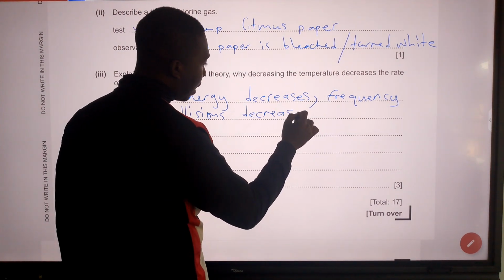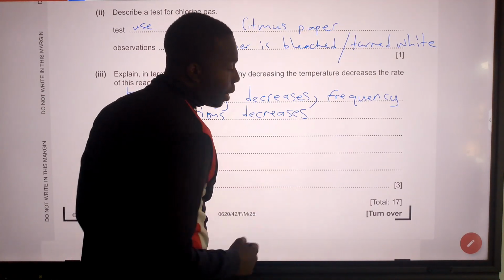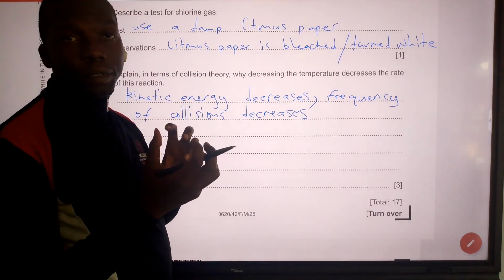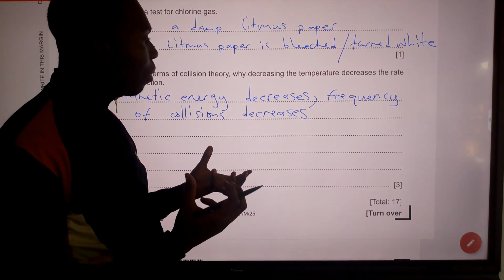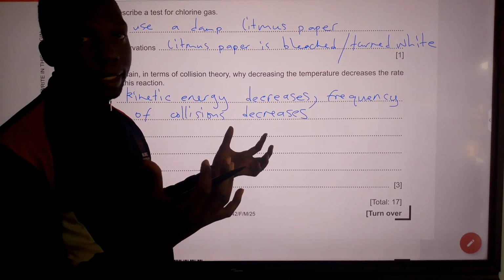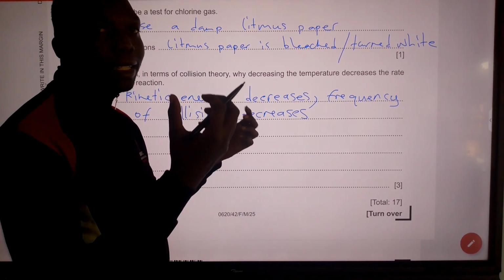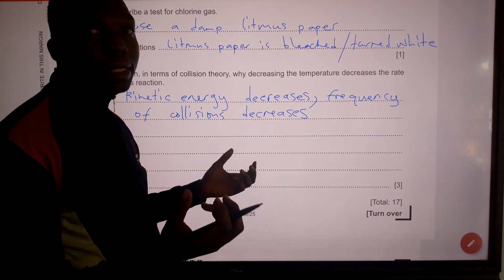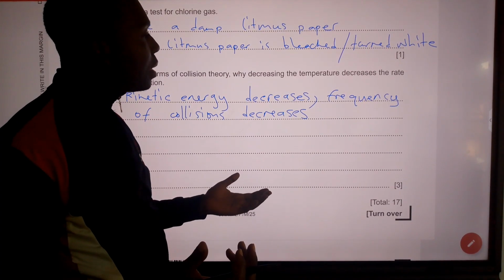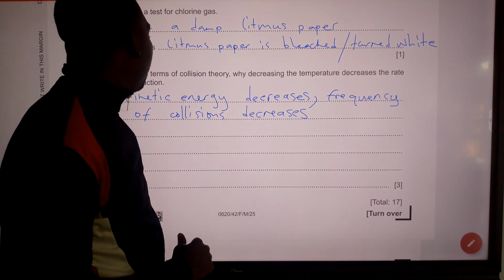Since our particles are no longer moving so fast, they no longer collide as often per unit time. For example, if they were colliding 20 times per second, and their kinetic energy is reduced, they may start to collide 15 times or even fewer per second.